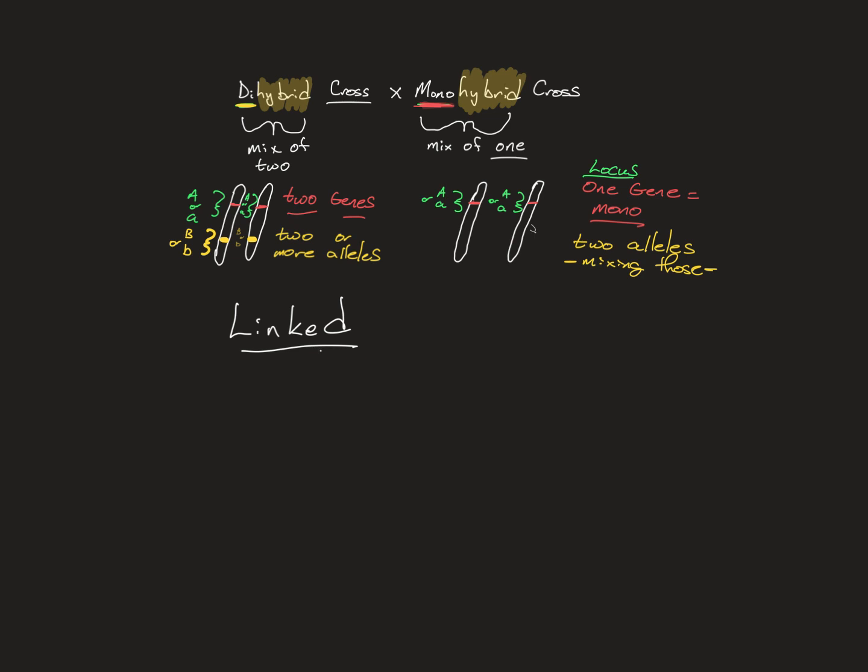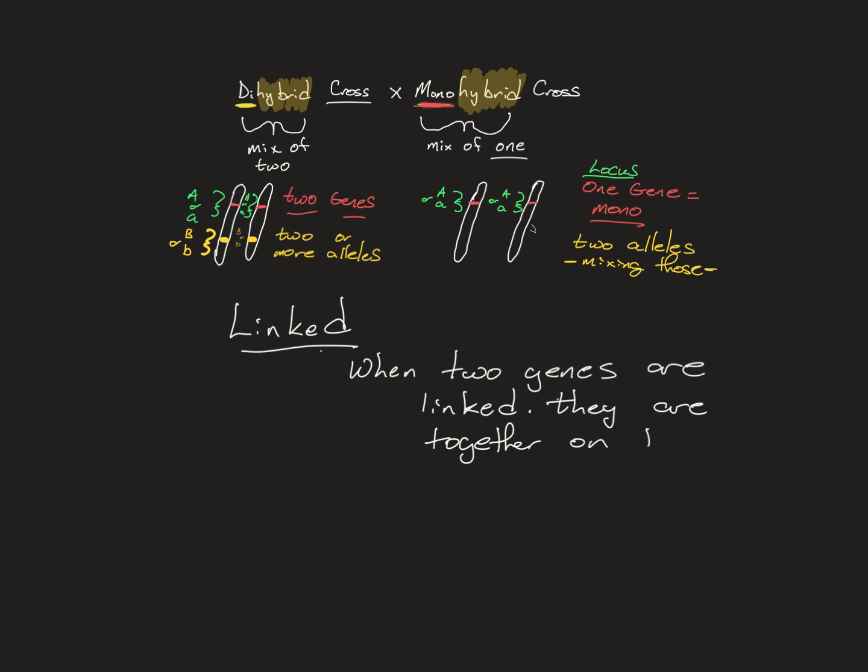When two genes are linked, that means they're together on the same chromosome. Usually, and they could, and we'll talk about that. So when they're linked, they are together on the same chromosome.